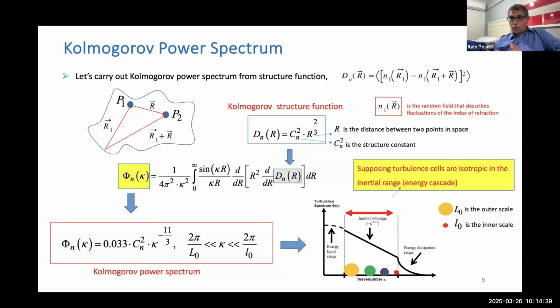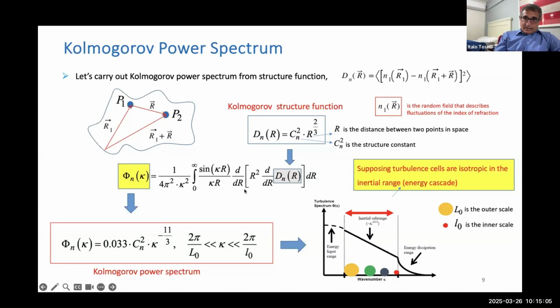In the case of Kolmogorov turbulence, if we assume isotropy and homogeneity, that's a strong assumption of Kolmogorov, the structure function is this, Cn squared r to the 2/3. This is the typical three-dimensional structure function for Kolmogorov. Cn squared is the structure constant, which represents the strength of the turbulence.